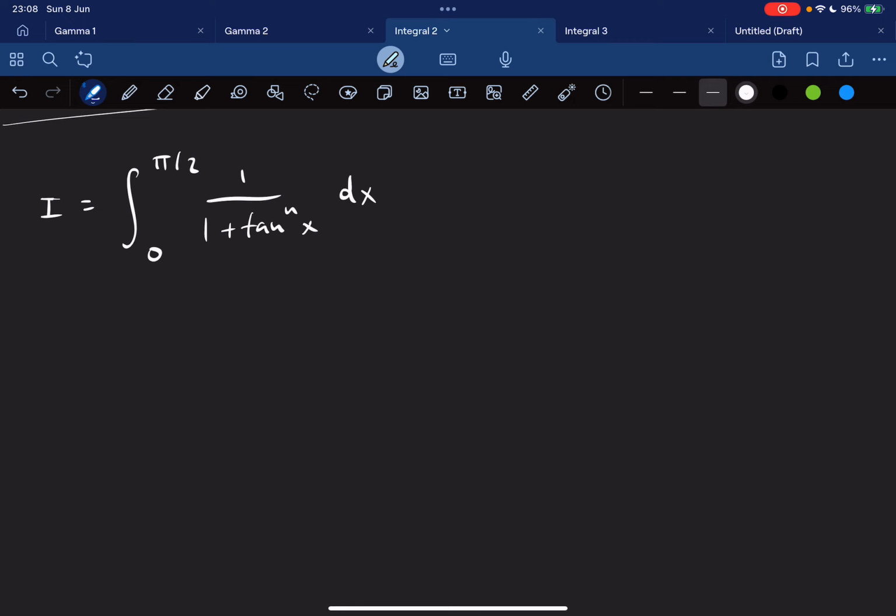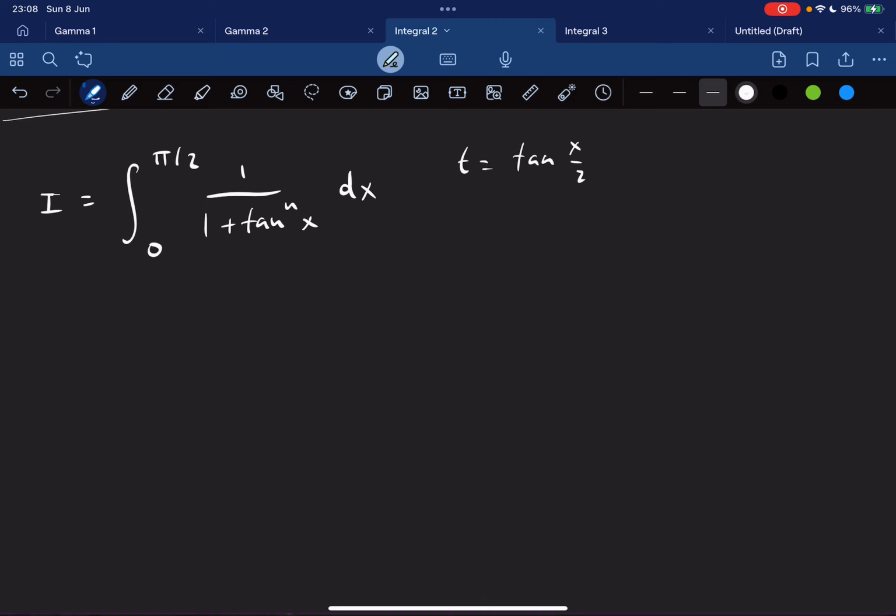It doesn't really work. We can't do any partial fractions. There's no algebraic way, and we couldn't do a trig sub. Not a lot you could do. You could try a t substitution, like t equals tan x by 2, but it also doesn't really work because of this awkward n.